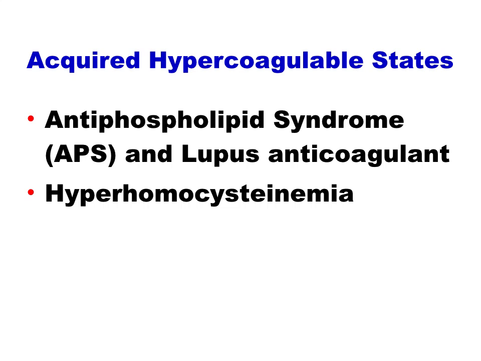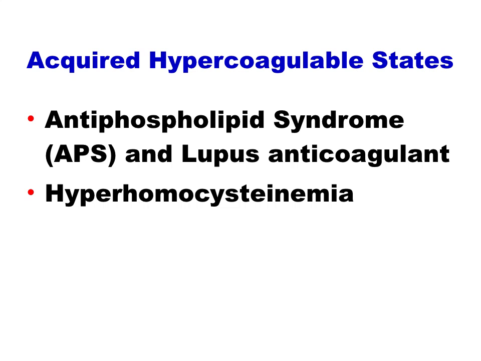APS is associated with recurrent or repeated abortion because of several factors that lead to a hypercoagulable state, making it difficult for the baby to implant into the uterus of the mother.